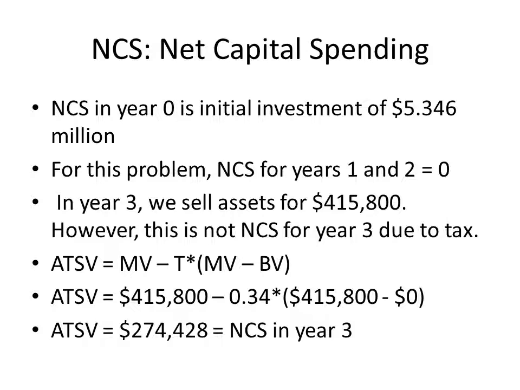Now keep in mind, order of operations when you work something like this. You always need to do the stuff in the parentheses first, then multiply by the tax rate, then do your final little bit of math there. Now this net capital spending is actually going to be a cash flow back to us, so we'll have to make a differentiation for that on the sign when we do our calculations.